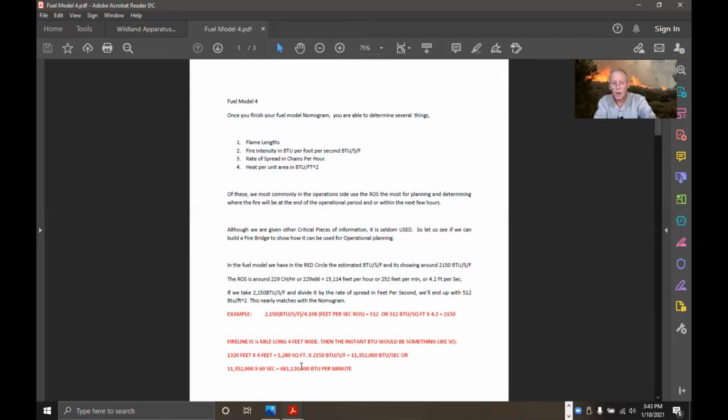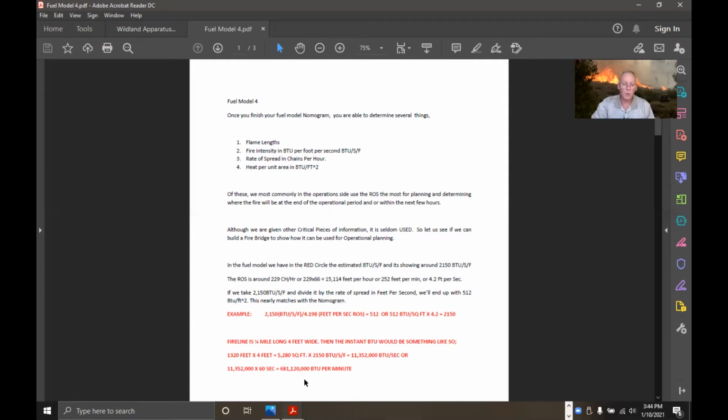Because remember, we've got 1,320 feet long, but it's moving 4 feet every second. And then another 4 feet, and then another 4 feet, then another 4 feet. So that's why you do that and multiply it by the 2,150 to get 11,352,000 BTU per second. Or if you multiply that by 60, you get 681,120,000 BTU per minute.